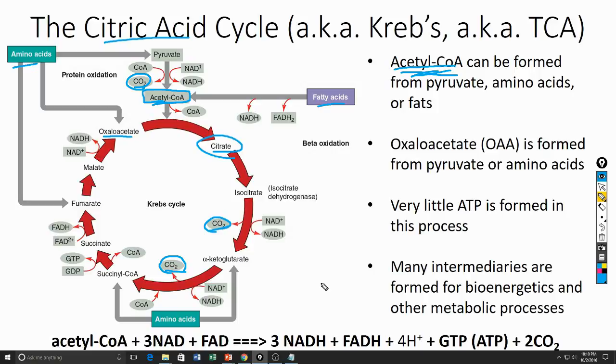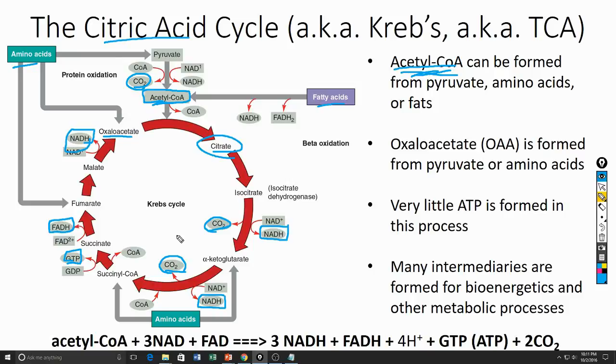And now we're also going to start deriving NADHs. We're getting 3 NADHs. We're getting something called a GTP, a guanosine triphosphate. For our purposes, it's an ATP. Energetically, it's about the same. So you're getting 1 ATP, and we're going to get an FADH.